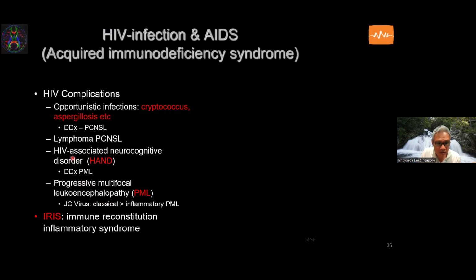They are the neurocognitive disorder, known as HAND, or previously HIV-associated dementia, and progressive multifocal leukoencephalopathy, PML, which is a demyelinating disease caused by the JC virus.